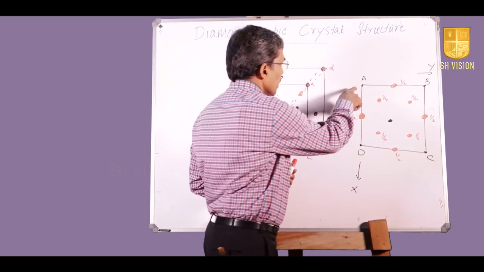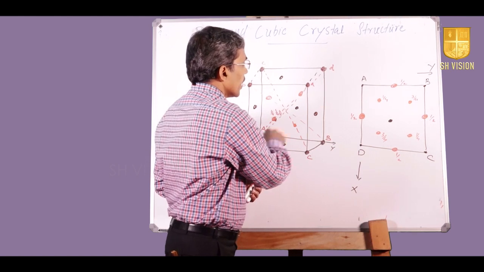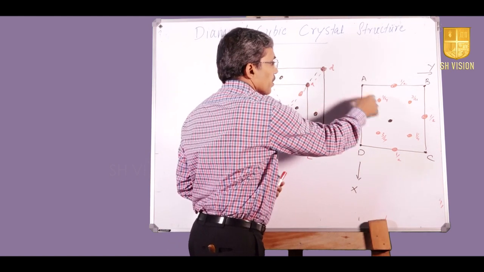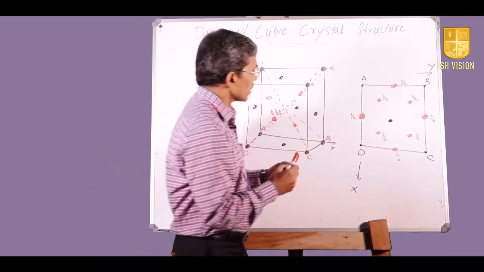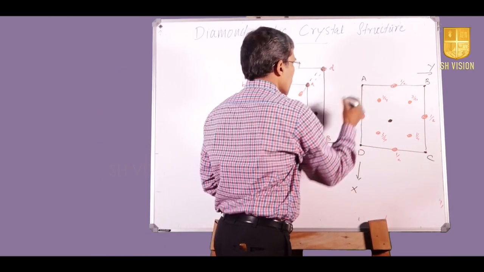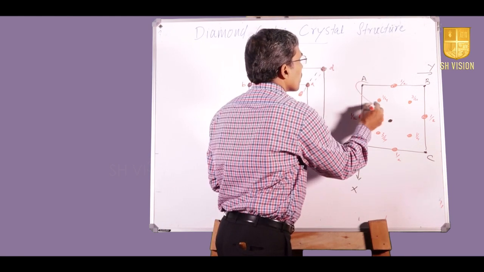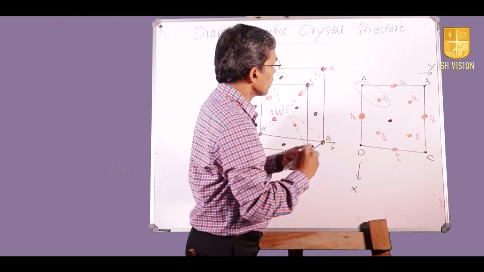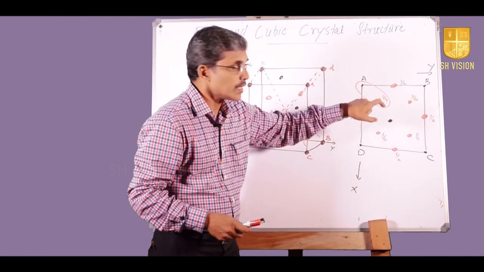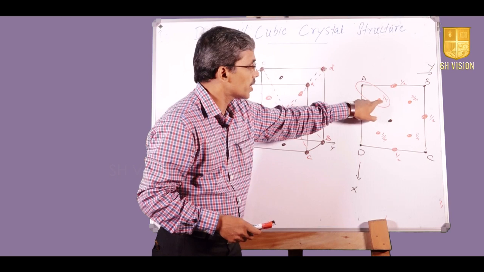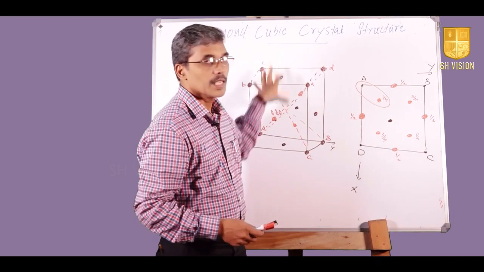Here, the atom at the corner A and this 1/4 atom combine to form a basis. If I mark it like this, this is a basis; there are 2 atoms. Otherwise it is not allowed, because no such lattice positions exist in this face-centered cube.